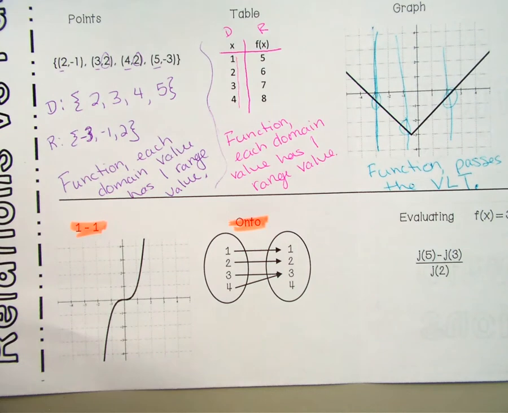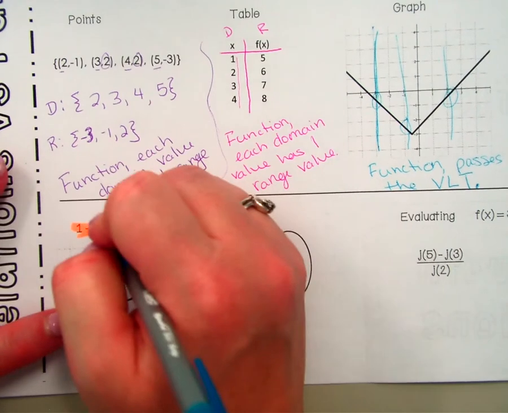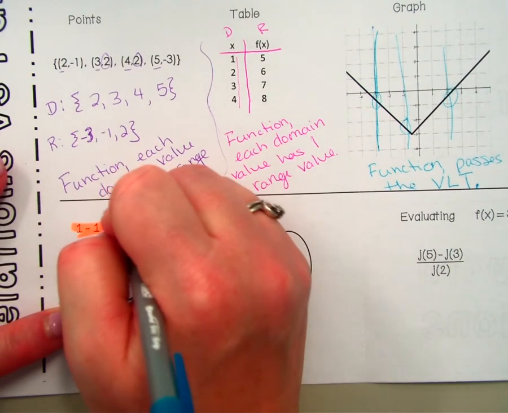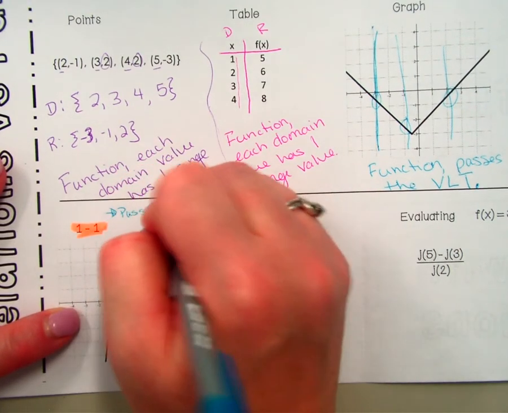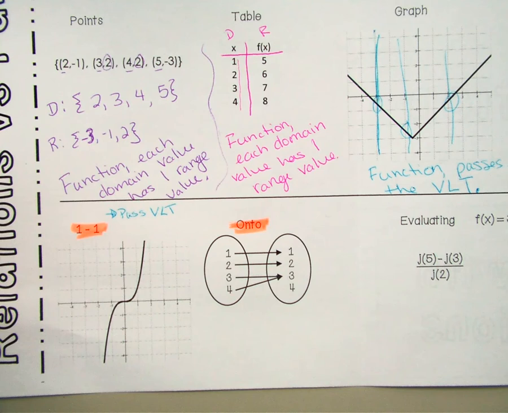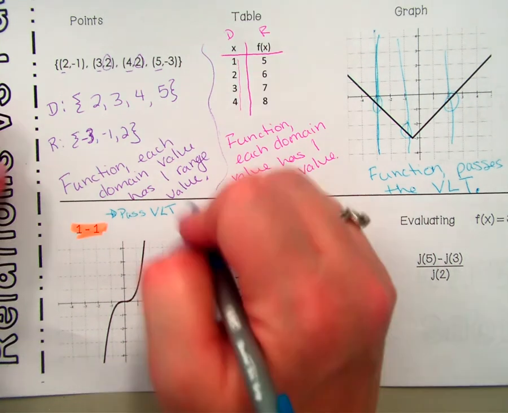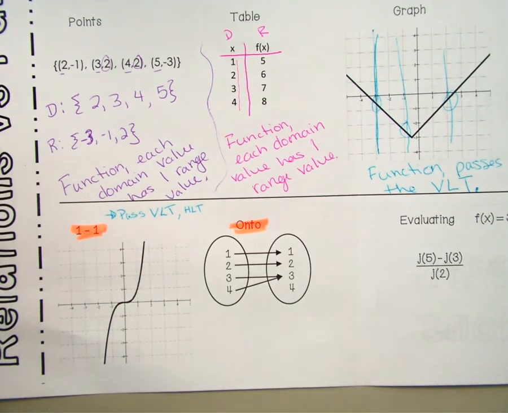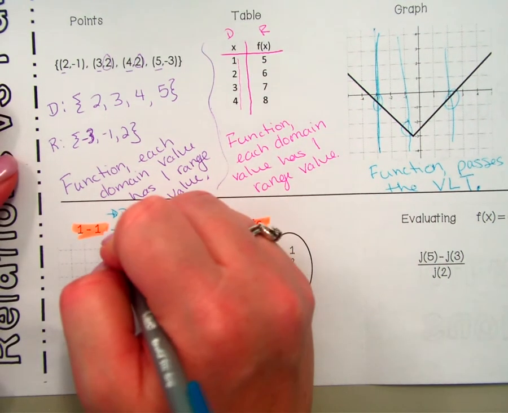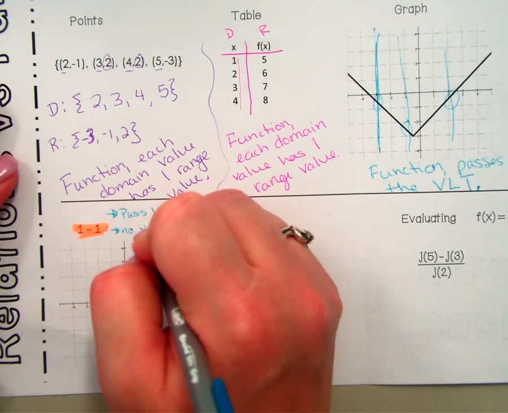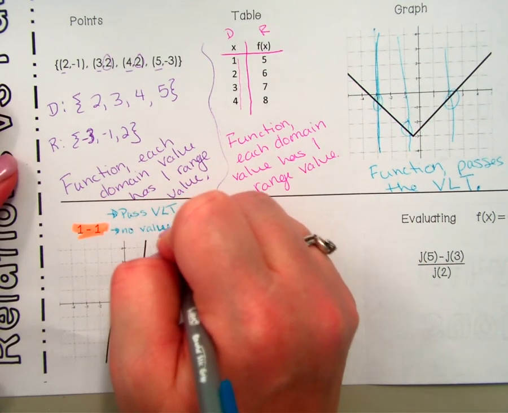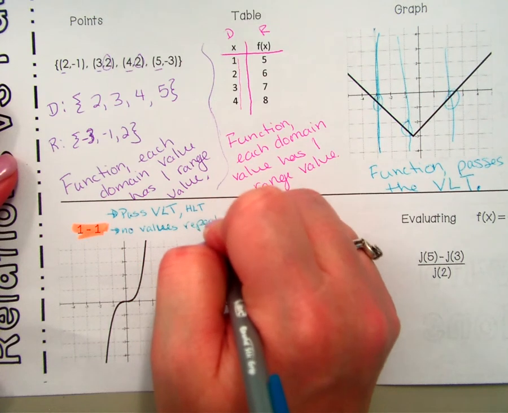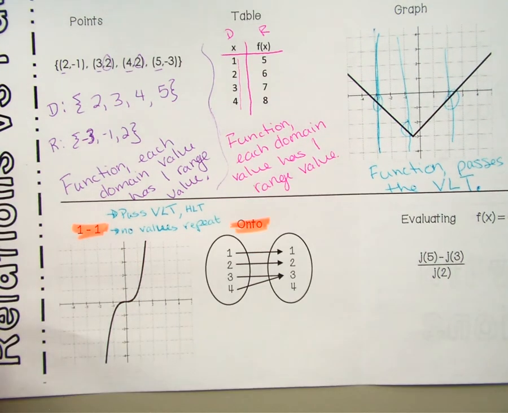So what a one-to-one function means is that domain and range do not repeat. So they pass the vertical line test, because that first tells us that it is a function, but it also passes a horizontal line test because in a one-to-one function, no values are repeated. No values in the domain and no values in the range repeat.